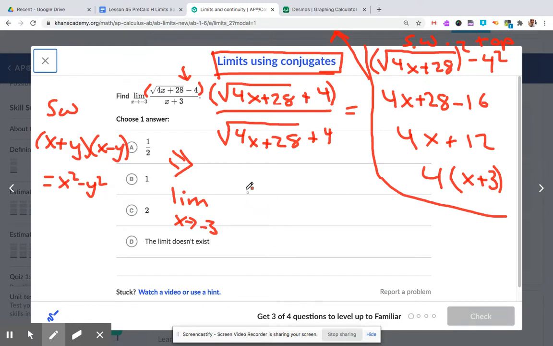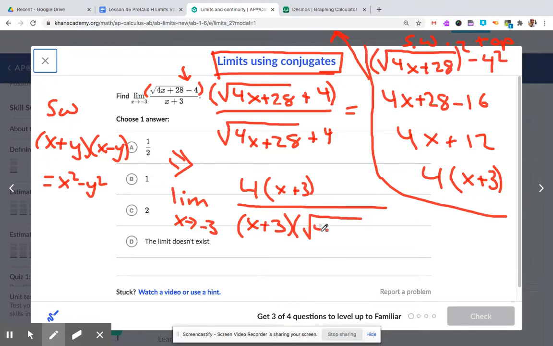All the top turned into 4 times x plus 3. The bottom is our x plus 3 times what I multiplied through by. So what cancels? Our problem canceled. The x plus 3, where it went to 0 on the bottom.